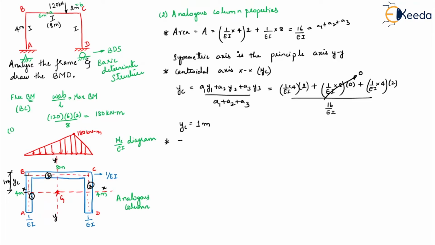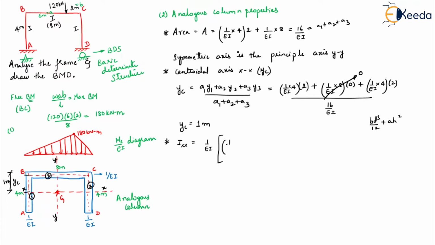So for IXX, what is the general formula? Parallel axis theorem formula, BD cube by 12 plus AH square is the parallel axis theorem formula. So we are doing IXX first. So the B is 1 by EI. We'll do one thing, 1 by EI totally I'll take common.